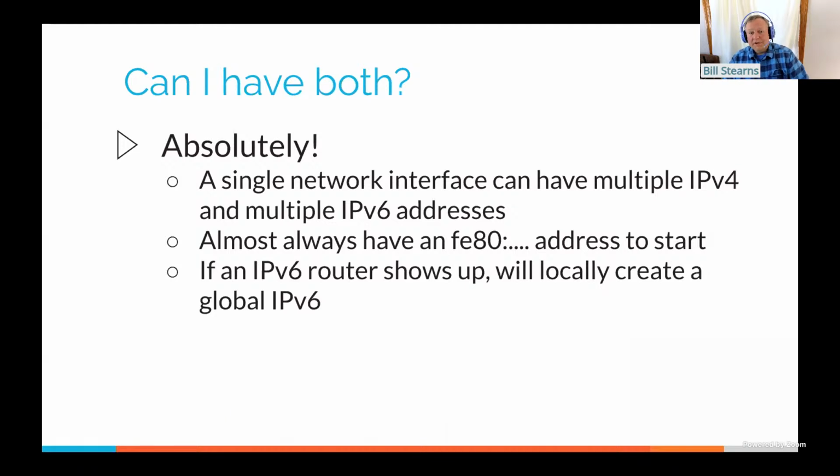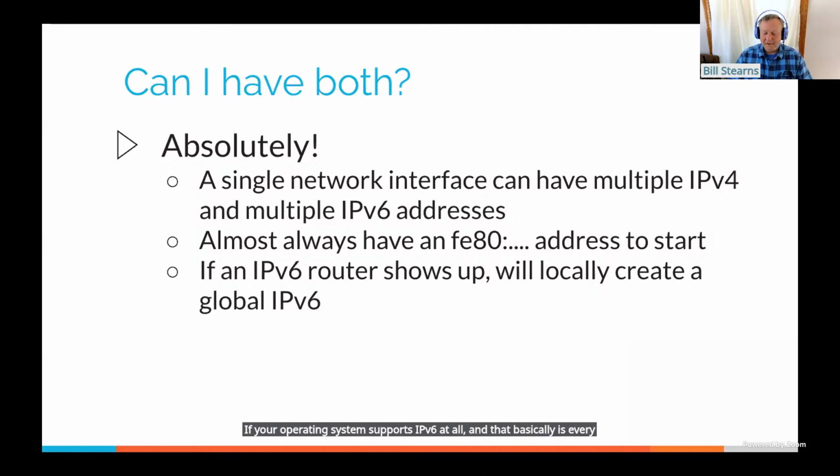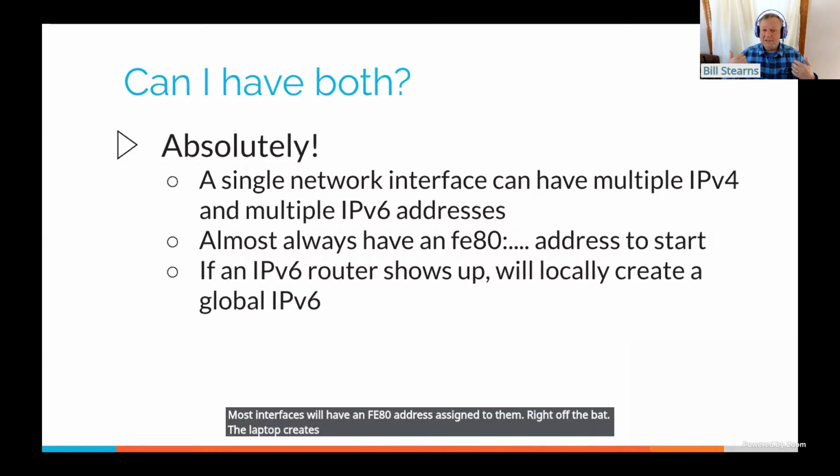If your operating system supports IPv6 at all, and that basically is every operating system, most interfaces will have an FE80 address assigned to them right off the bat. The laptop creates it for itself. It doesn't have to be assigned that address.